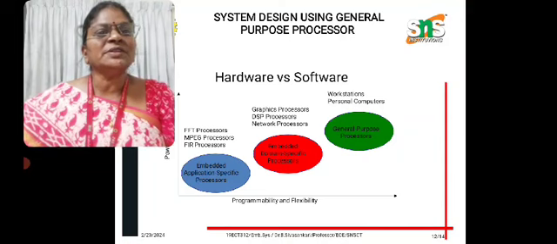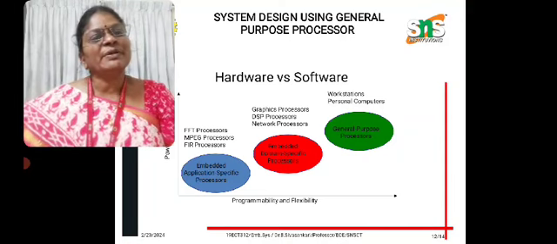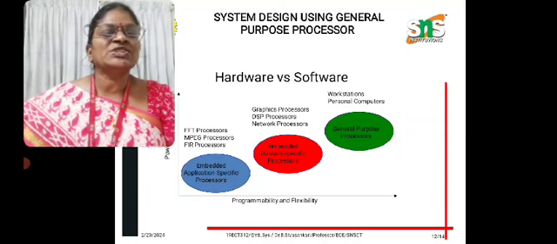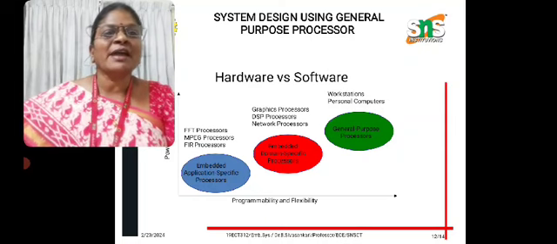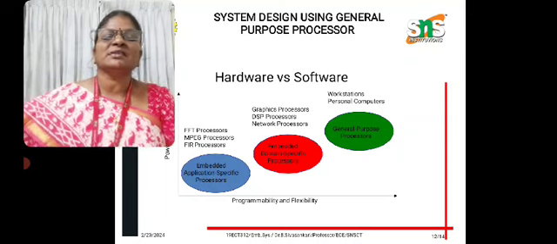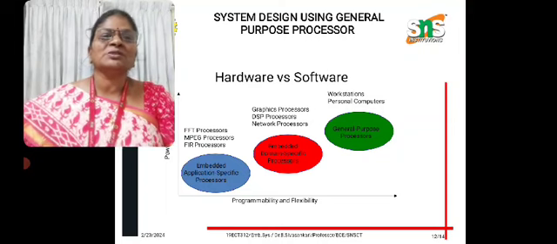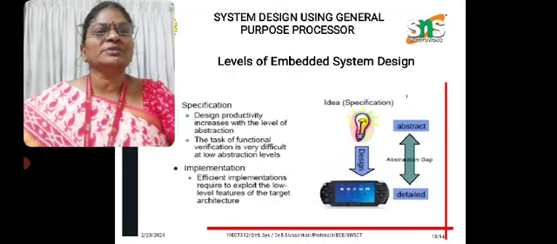General purpose, here we compare programmability and flexibility as well as power constraints. So general purpose processors are workstations and personal computers, and embedded domain specific processors are graphic processors, DSP processors and network processors, whereas embedded application specific processors are FFT, MPEG and FIR processors.